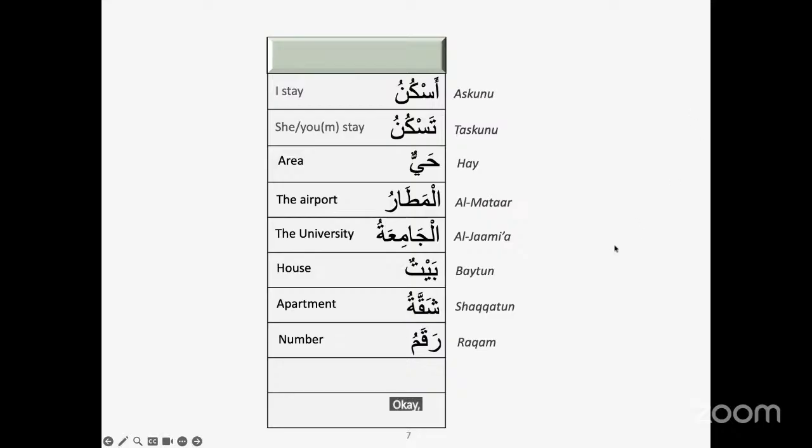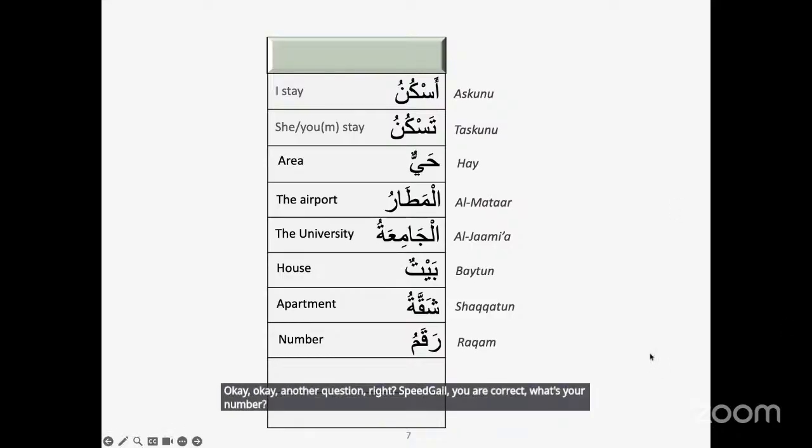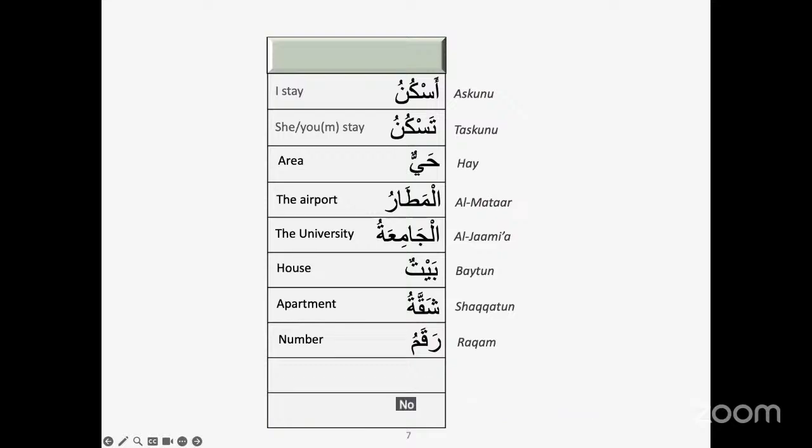Okay, another question, right? What's your number, or someone said what's your address? So no, ma raqamuki would be what's your number, right?